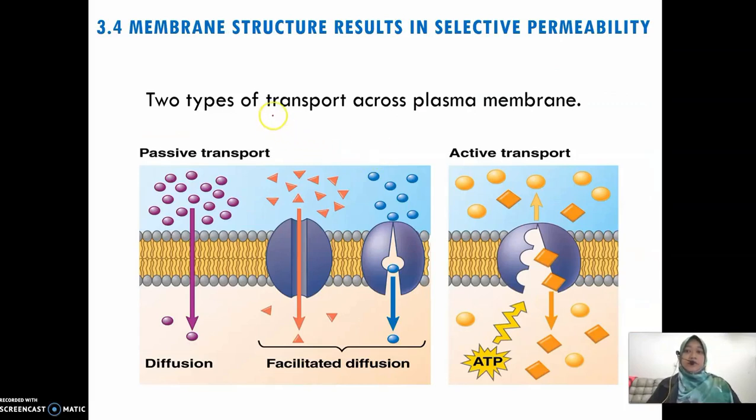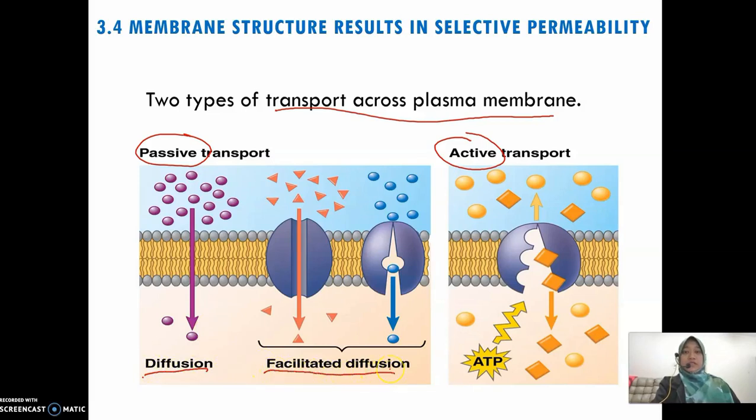There are two types of transport across the plasma membrane: passive transport and active transport. Passive transport involves diffusion, either simple diffusion that allows the substance to pass through the plasma membrane without using any transport protein, or facilitated diffusion.